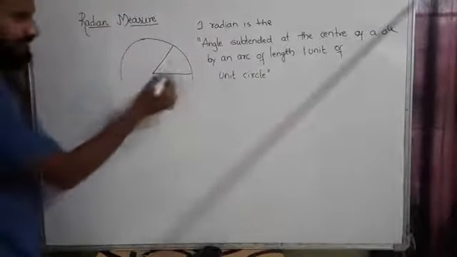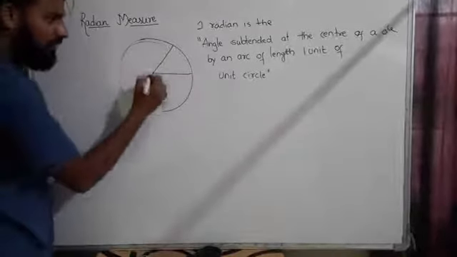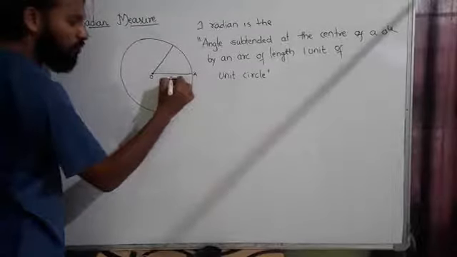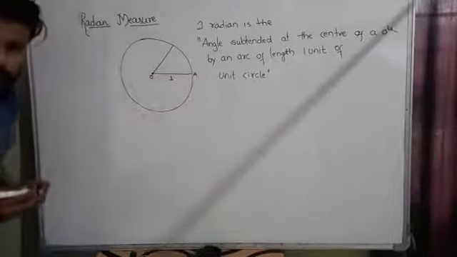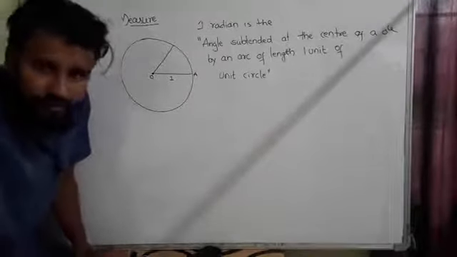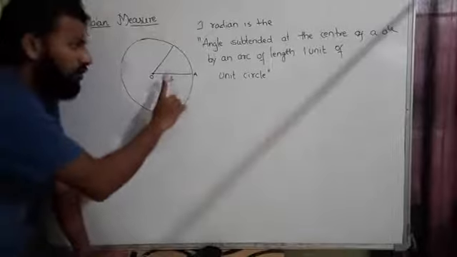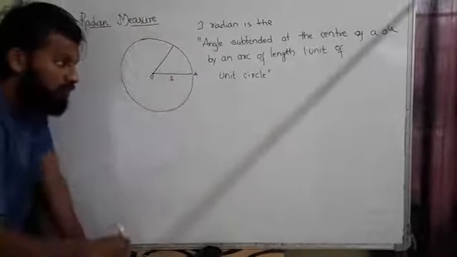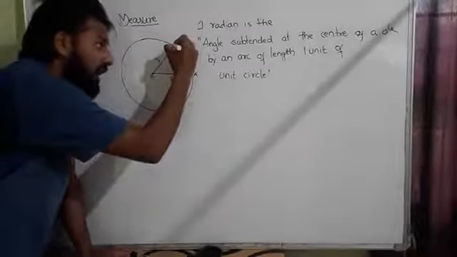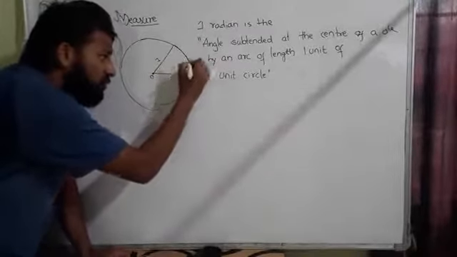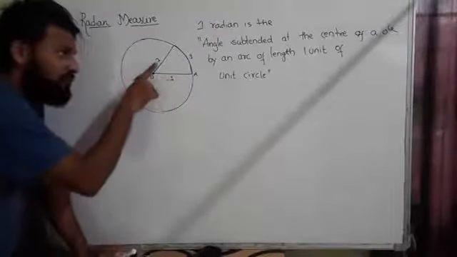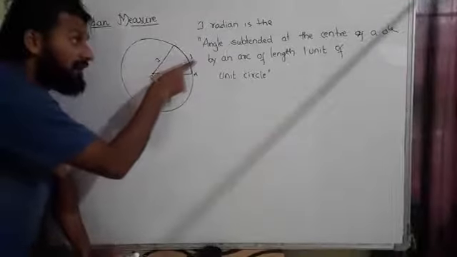Let's say I have a circle of radius 1 unit. When I say 1 unit, that can be 1 centimeter, 1 meter, 1 kilometer, anything. It has to be 1 unit. So we have a circle of 1 unit radius and an arc which is also 1 unit.